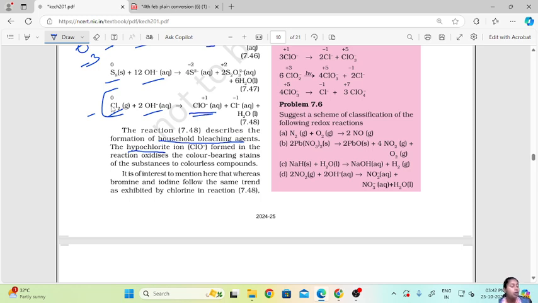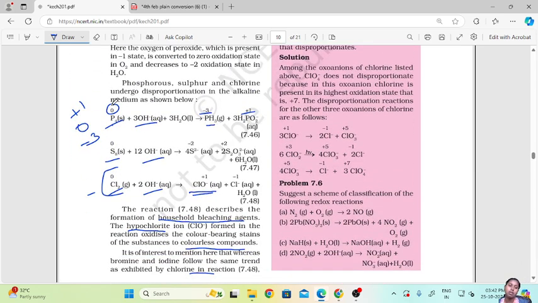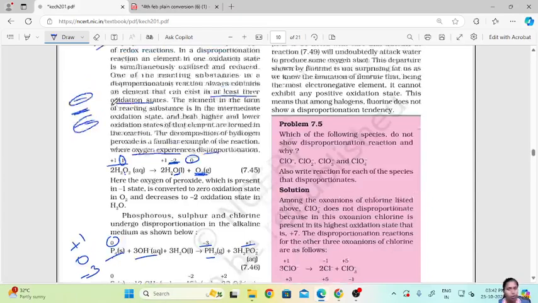Even we use it for clothes to remove the stains. Now it is of interest to mention here that bromine and iodine follow the same trend and exhibit the same reaction as chlorine. So other than chlorine, bromine and iodine also follow the same thing.